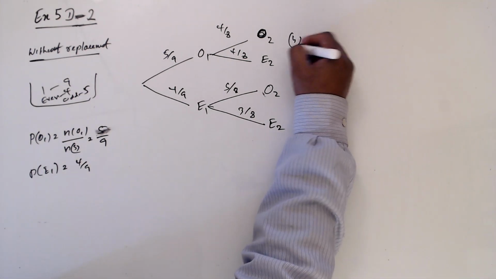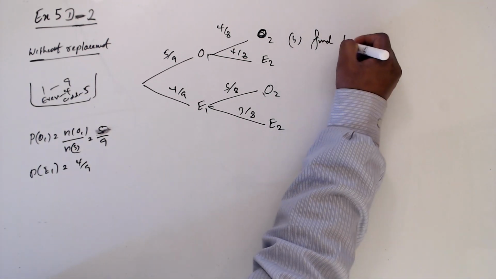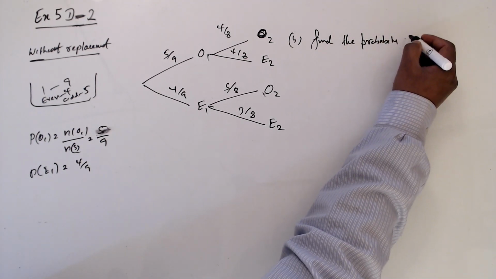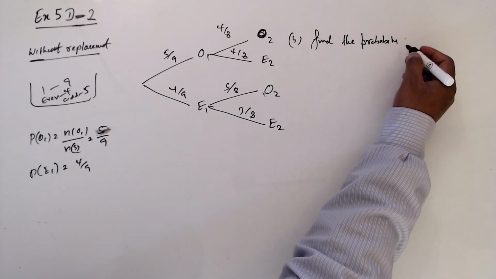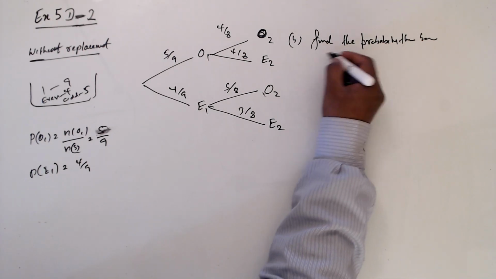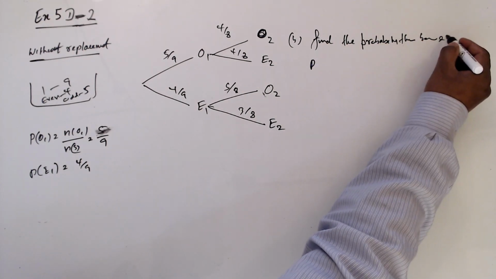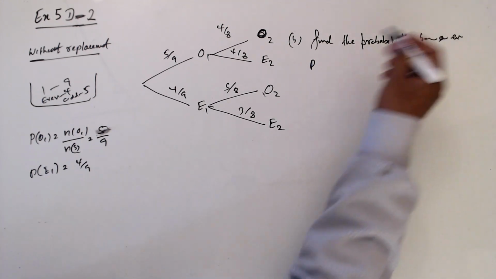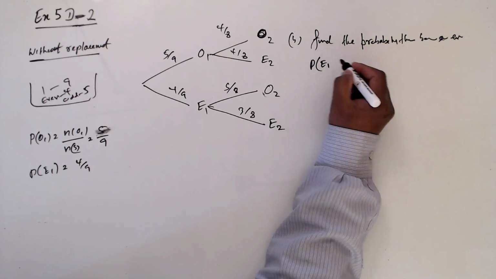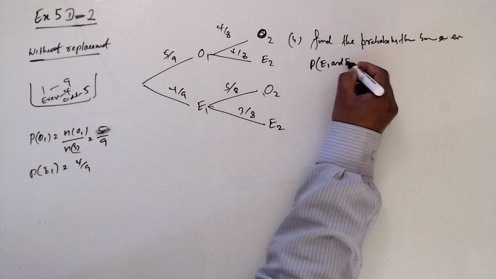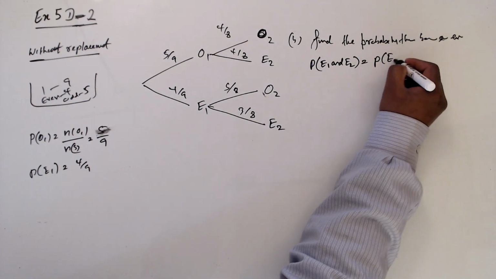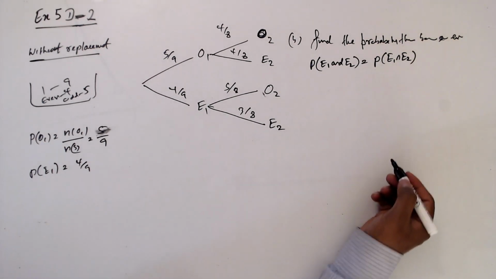Find part B. Find the probability that both cards are even. Probability of E1 and E2. So this is equal to probability of E1 intersection E2.